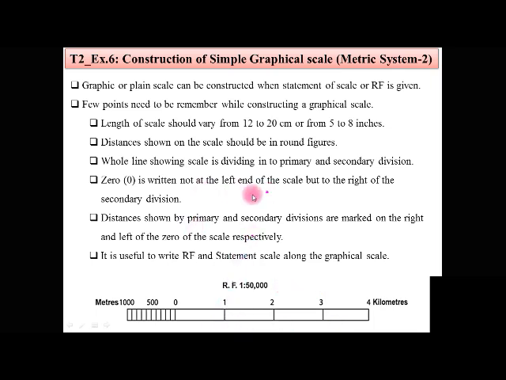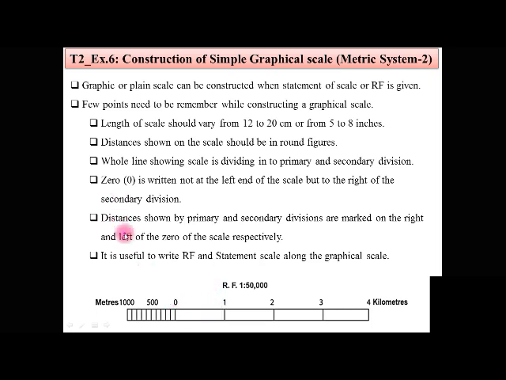So the 0 of distance always should be put at the end of first primary division, or at the right side of, or we can say left side of, this primary division. So that is one of the important points. So 0 always will be at the end of the first primary division, or at the beginning of the second primary division.